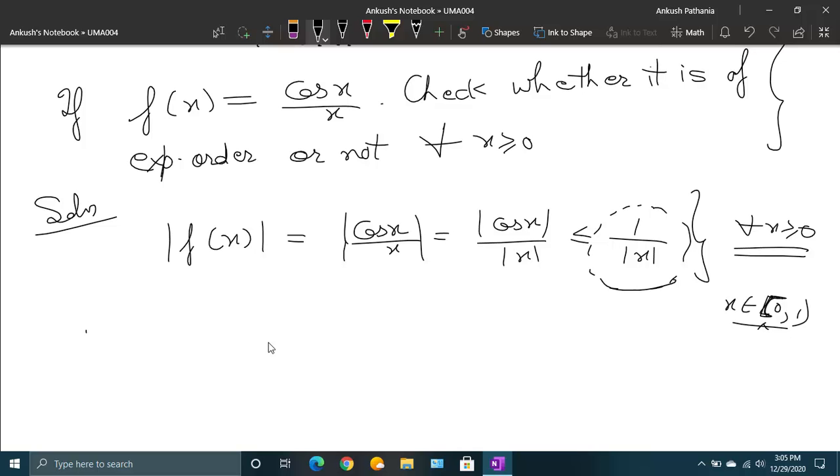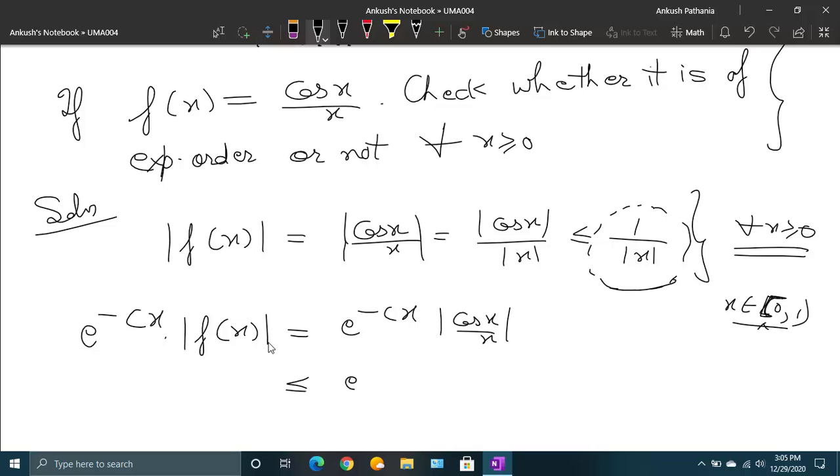So let me take the route 2, the method 2, where I must now check mod cos x upon x, which now comes out to be e raised to power minus cx upon mod x.